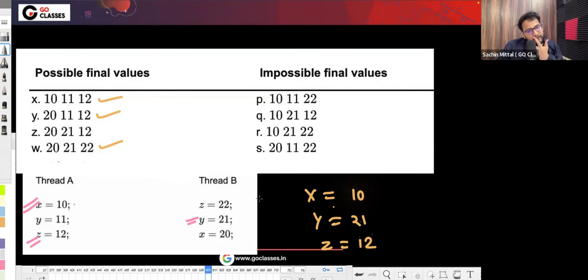So if you want to keep this, you want to vanish this, which means you have to execute this completely. If you have to execute this completely, then you cannot keep this 21, right? Because this 11 will get overwritten. So that's why this is also impossible. What about 10, 21, and 22? Let's just check that.